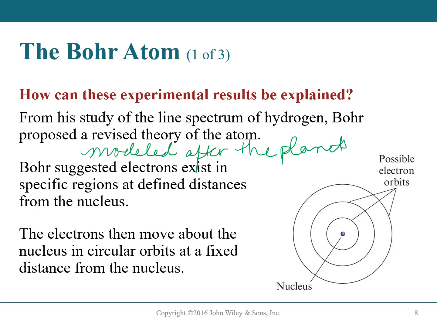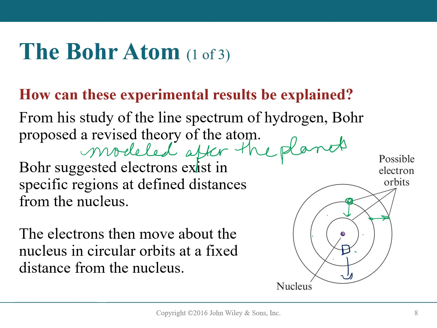They're in their orbit and they can't get out. And if it does get out, then it can go from one orbit to another, but it can't be anywhere in between. So if I had one here, the bottom one, it can go up, but it has to go into a designated orbit.